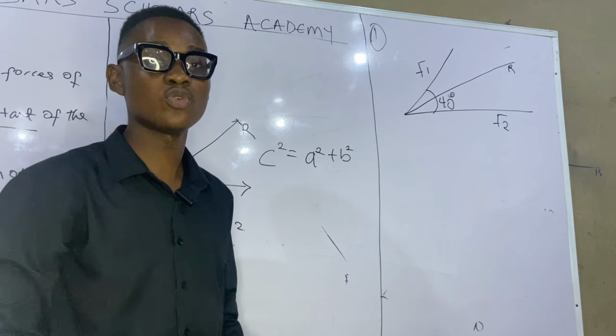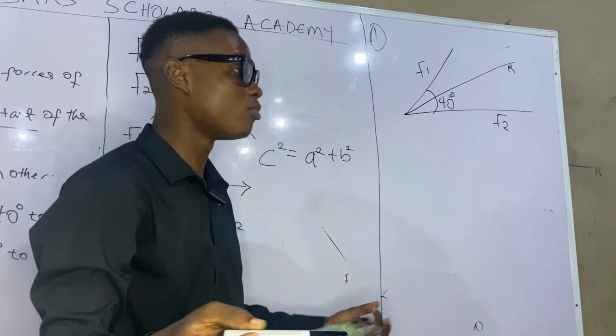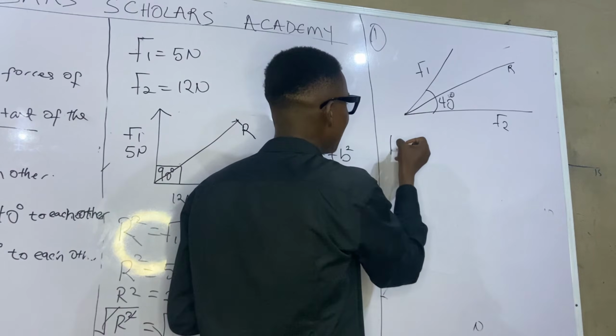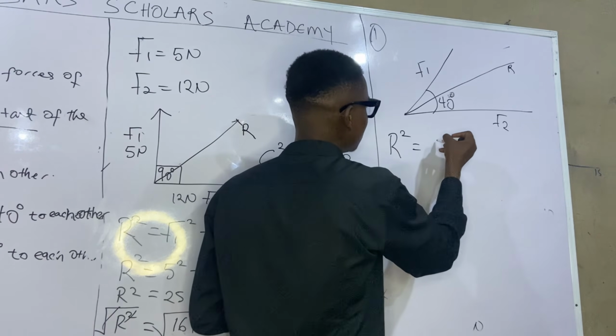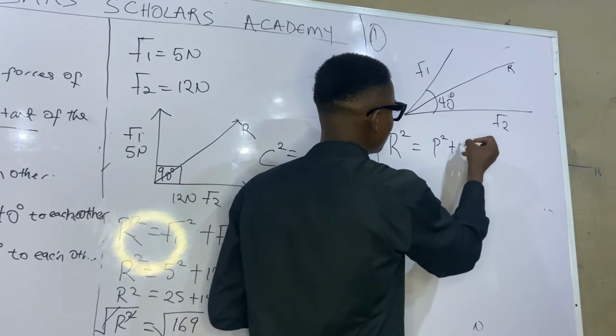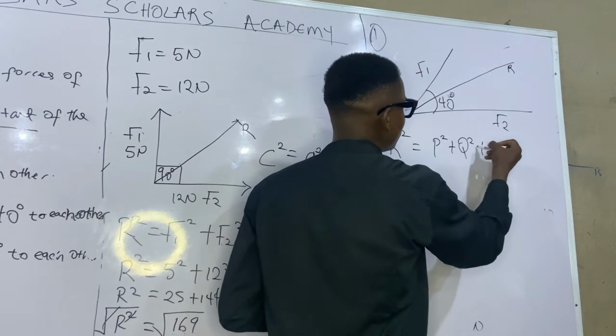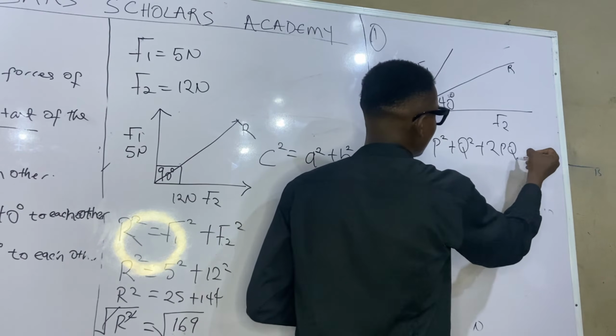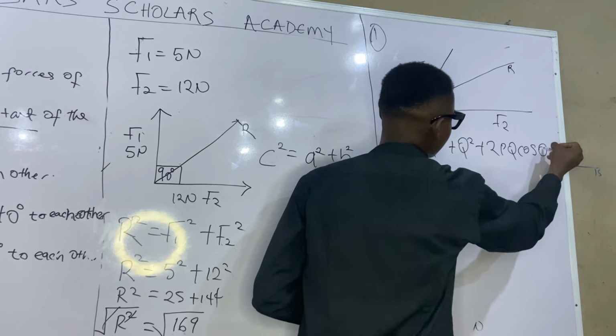And that is where we get the cosine formula from, which is R squared equals P squared plus Q squared plus 2PQ cos theta.